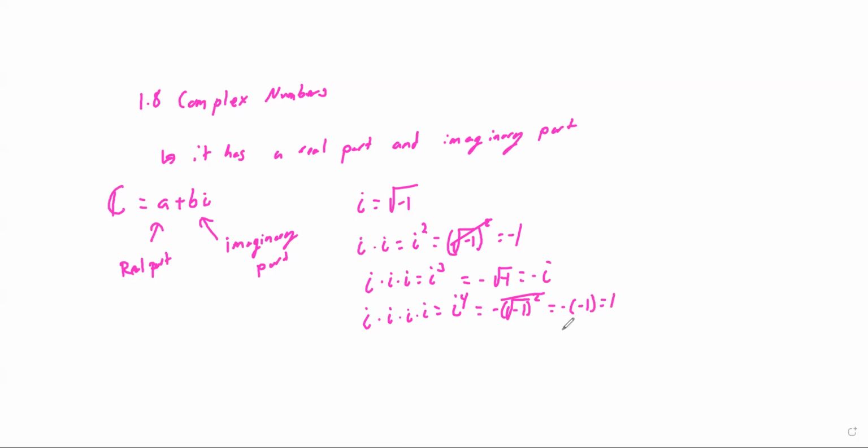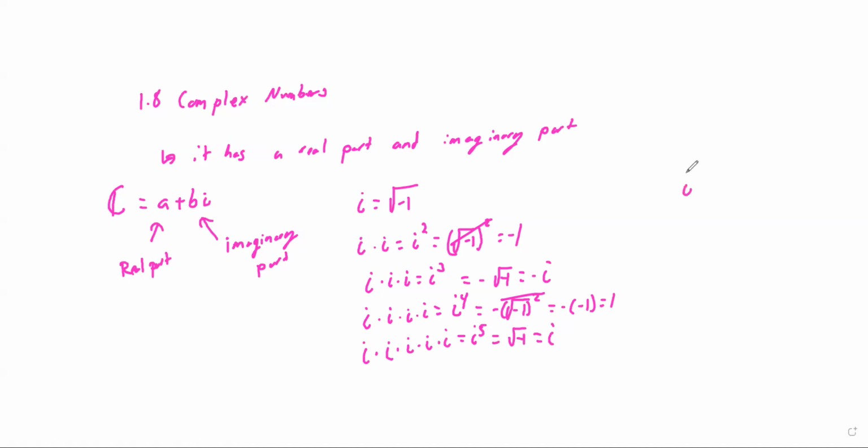So we saw four imaginary numbers does give us a real number. And then we saw that i to the fifth would just be 1 times the square root of -1, which would just give you the square root of -1, which takes us back to i. So we saw that it just repeats itself every 4 times.